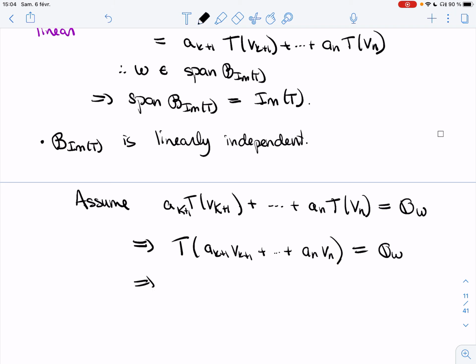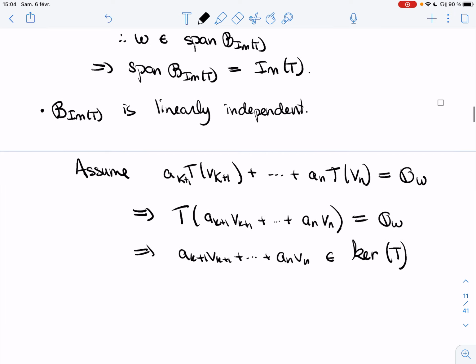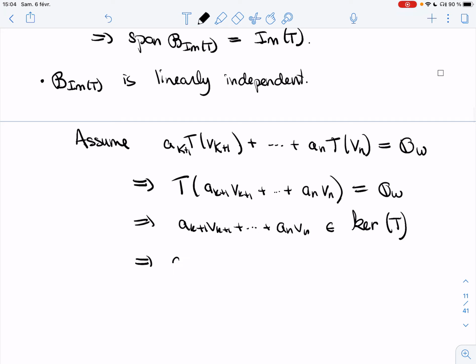That means that element of V is in the kernel. But we have a basis for the kernel, v1 through vk, and so we could write this as a linear combination of v1 through vk.